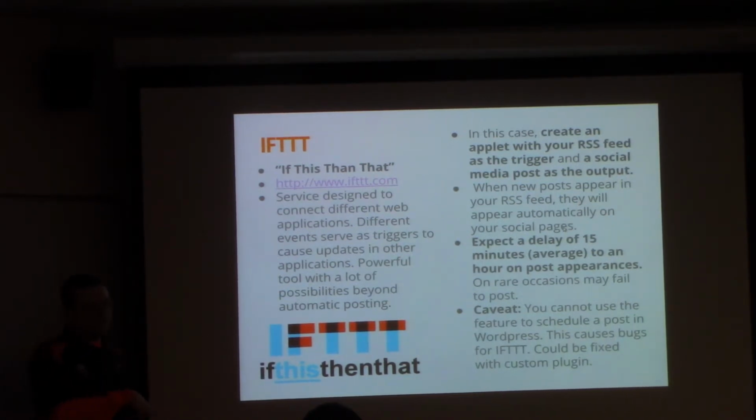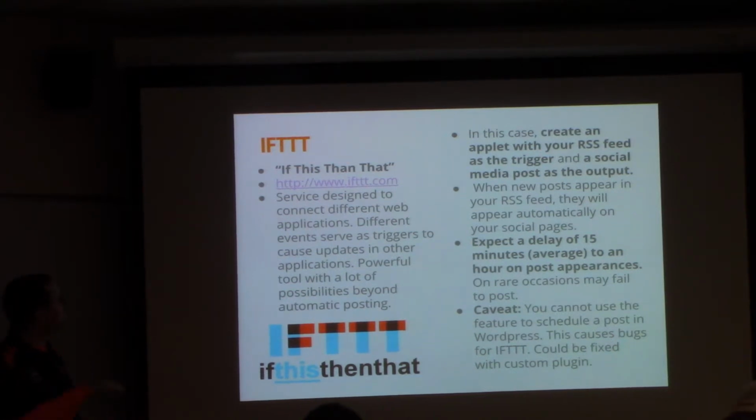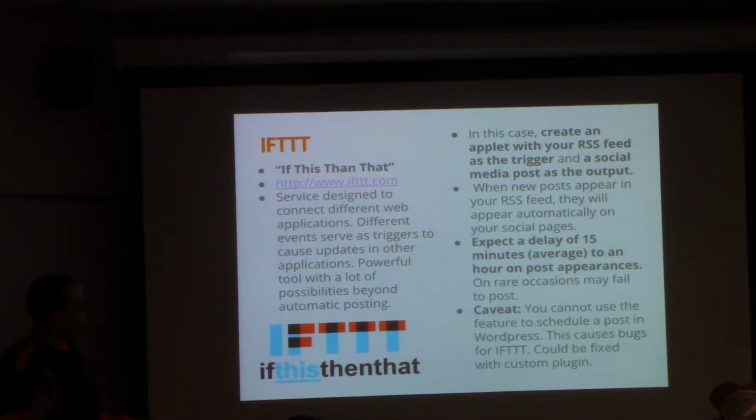So one of the tools we use to automatically repost stuff is called If This Then That. It's a service designed to connect different web applications. Basically, an event will serve as a trigger to cause an update on another service. And this has a lot of possibilities beyond what I can cover here. You can sync your profile pictures between networks.